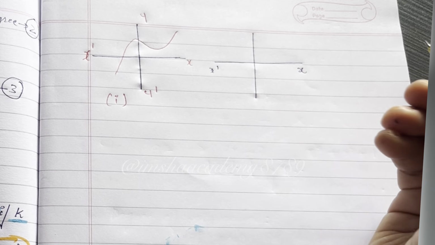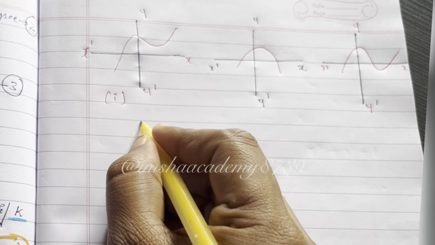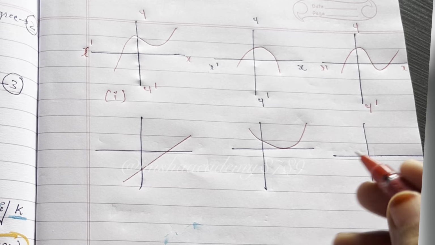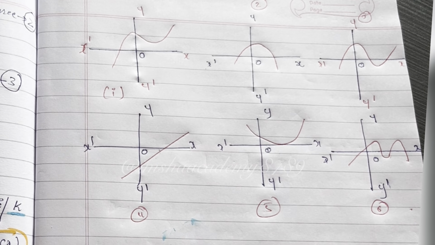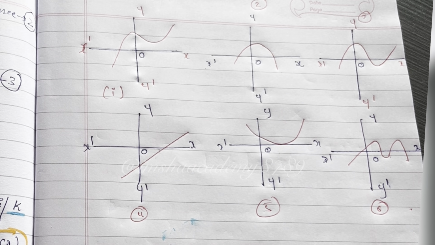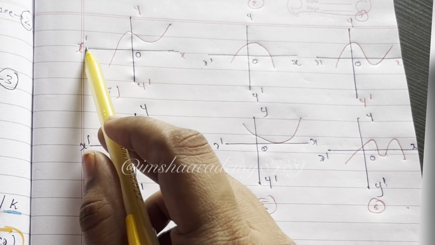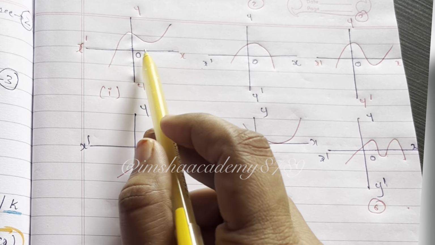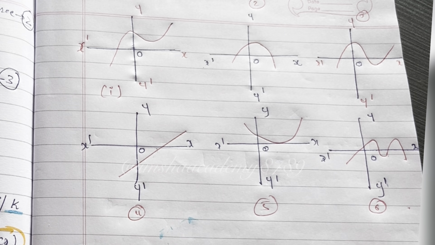How will we find the number of zeros? When the graph intersects the x-axis, at that position we call it the number of zeros in any graph.